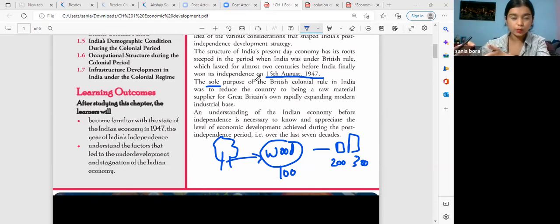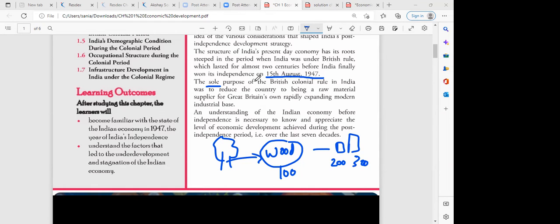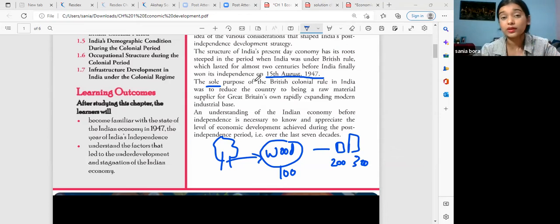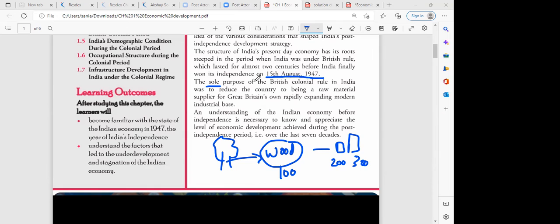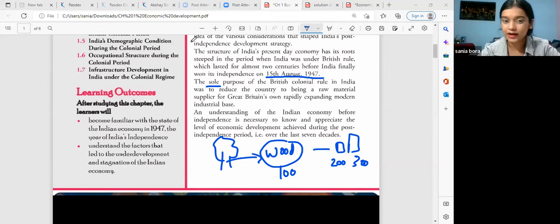They wanted India to become the supplier of raw material, right? Yeah. But what did they want their country to become, what were they doing? Supplier of which good? Yes, good. Mariam, supplier of finished good.